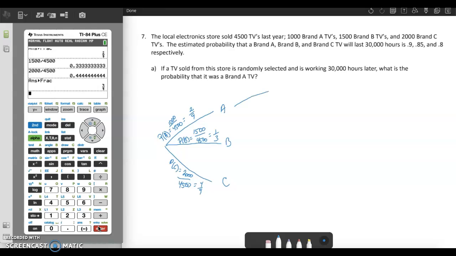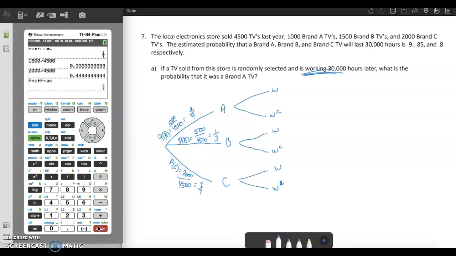Now, we are interested in whether the TV is working or not working after that 30,000 hour mark. So I'm going to label my next levels as W or W complement. So it's either working or it's not working. The only ones that I'm going to continue on to find their intersection are the ones that end in W, because that's what we're interested in.